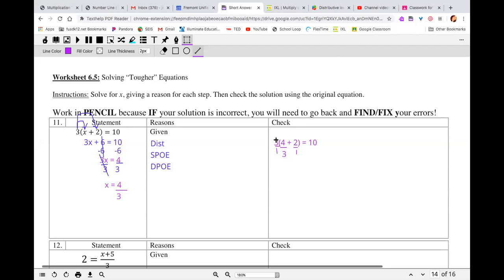Okay. So then we distribute the top. Let me make that another color. So we do 3 times 4, 3 times 2, and we put our 1s here for a visual. Even though it's on the bottom, we can still multiply them like that.